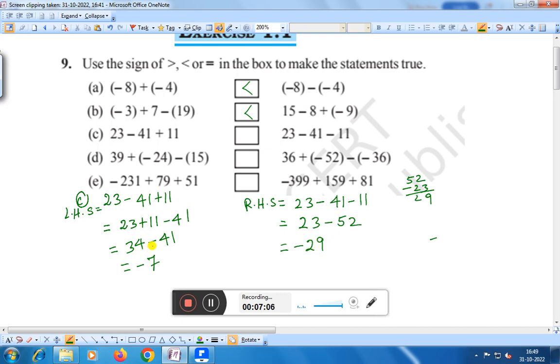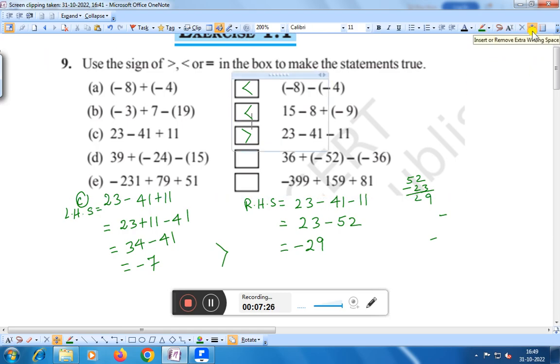Here you see that minus 7 is greater than minus 29. Therefore, the sign will be like this. Question number C is this one is greater than this, right? Now question number D.